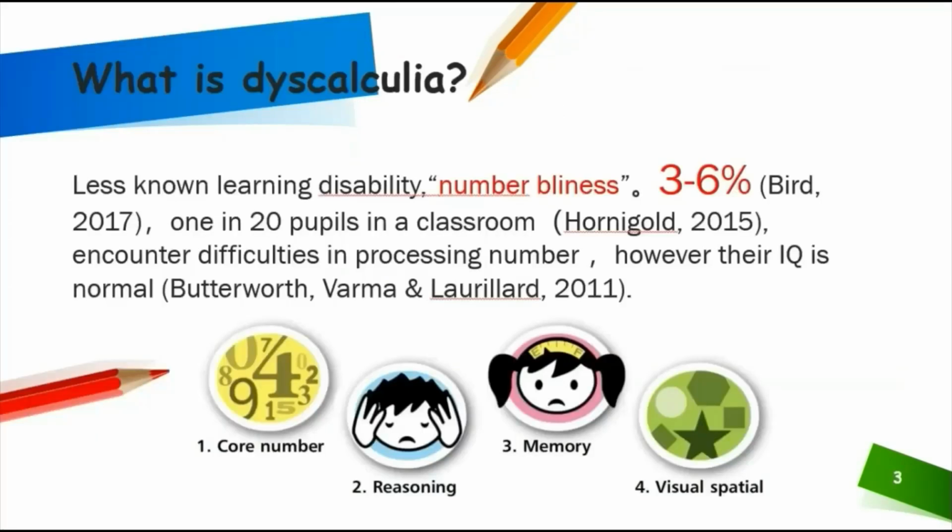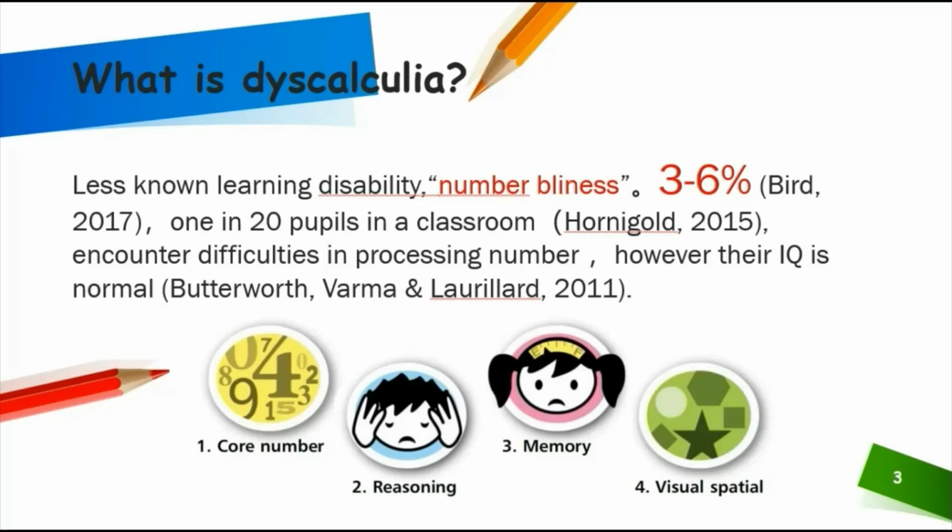So basically, I will introduce what is dyscalculia because this Reconnecting Learning is related to teaching dyscalculia. So actually, dyscalculia is a mathematic learning disability, less known than dyslexia, and it can be called number blindness. About 3 to 6 percent of the population struggle with dyscalculia, which means that 1 in 20 pupils in a classroom have dyscalculia.